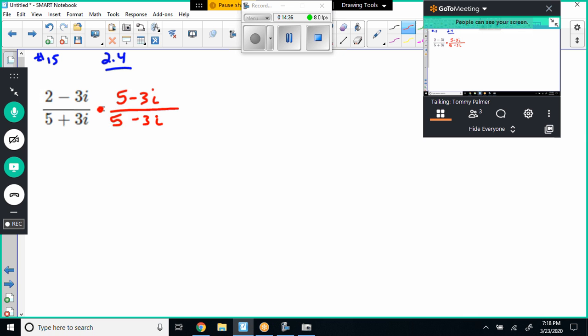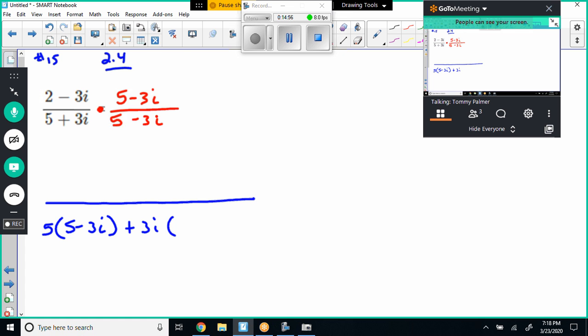So what this does is when we multiply these, I normally do the first term times everything in the second. So what we'll do is we'll do it like this. I take 5 times 5 minus 3i, and then plus 3i times 5 minus 3i.